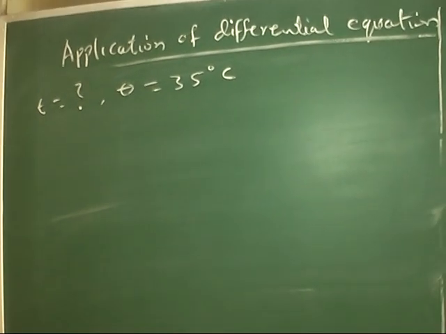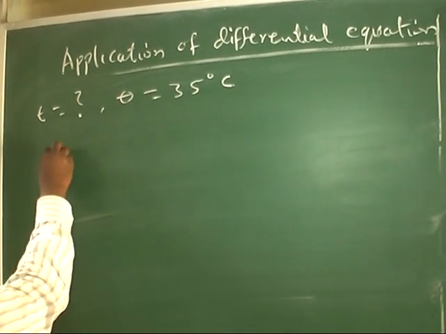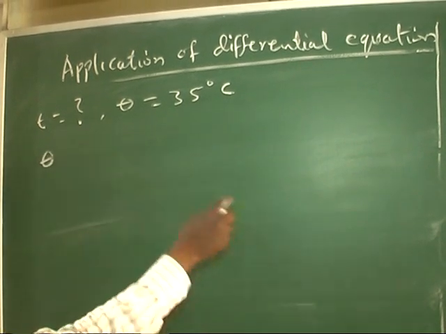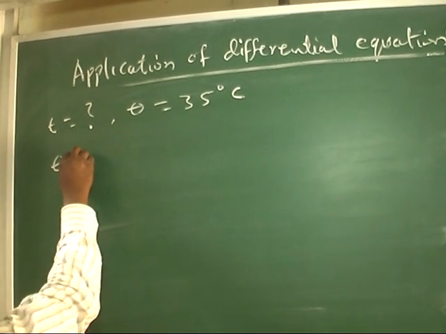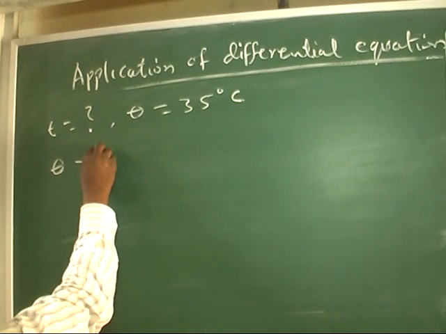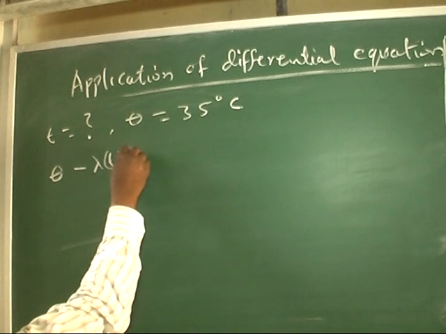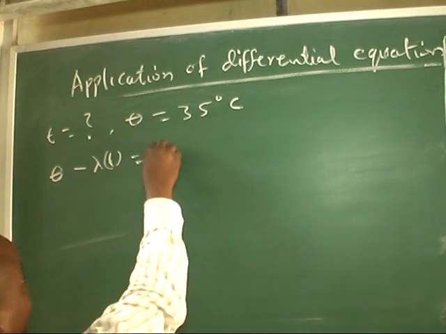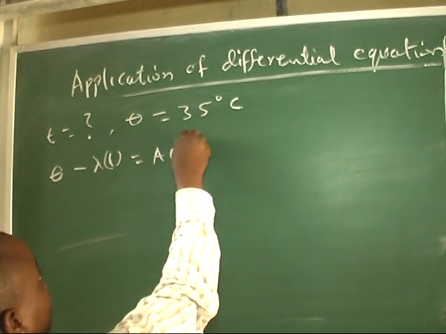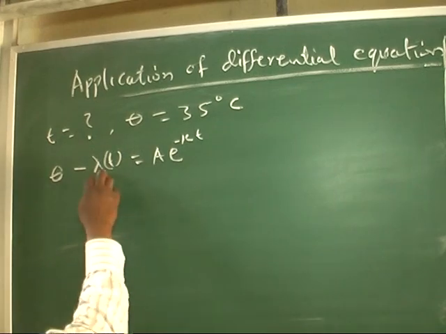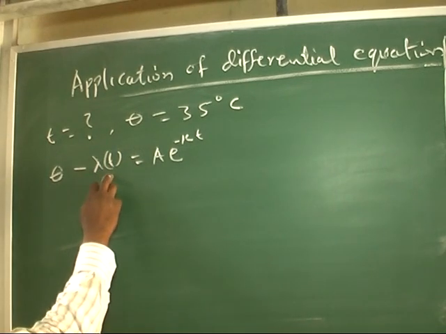You see, we can take it from this equation, theta minus lambda of t. Remember, where we have that A exponential minus kt. The lambda of t is constant, which is 30.